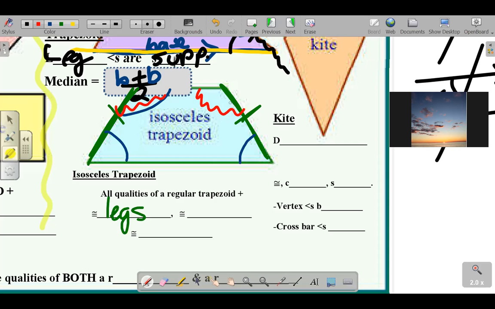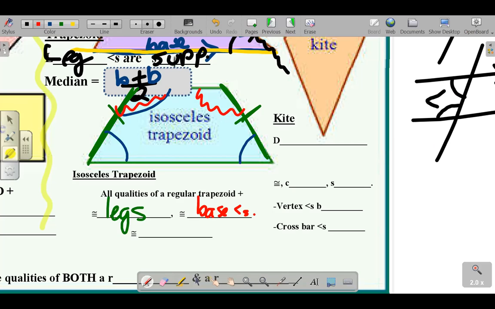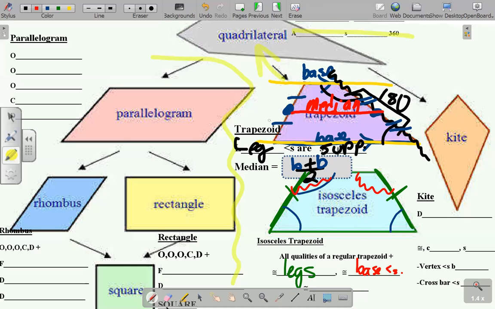These are called base angles, the angles connected to the bases, and in an isosceles trapezoid, you have congruent base angles, 2 sets. So the blue would be congruent, the red would be congruent. And then there's one more thing congruent here.